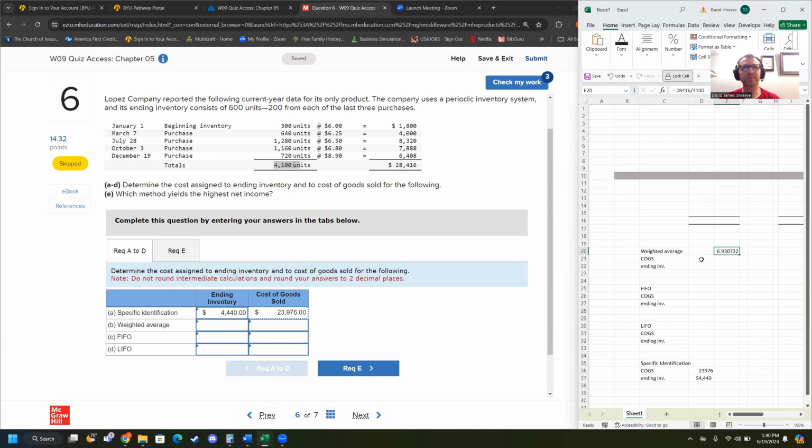All right. So 693 is our weighted average. So basically if you take 4,100 and you minus 600, let me put this in brackets.